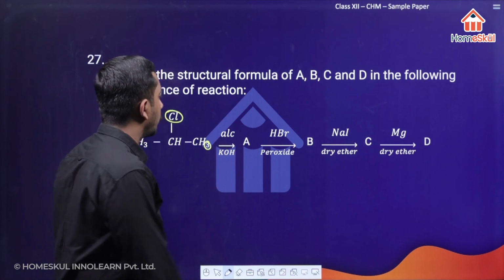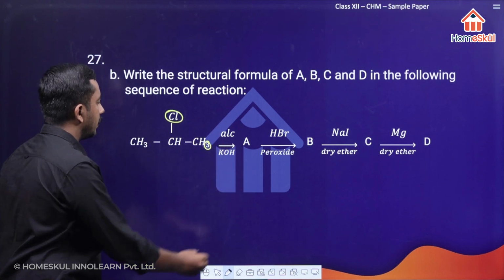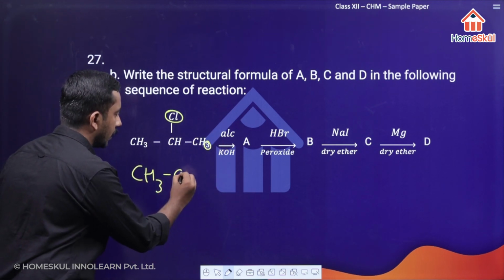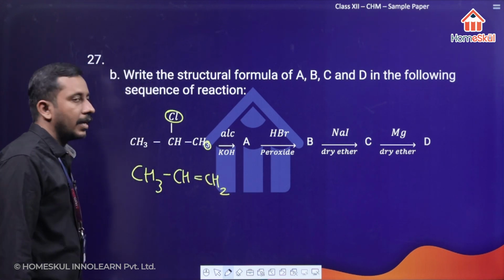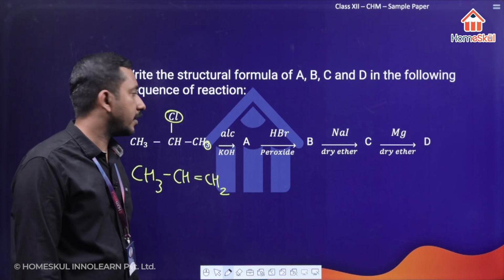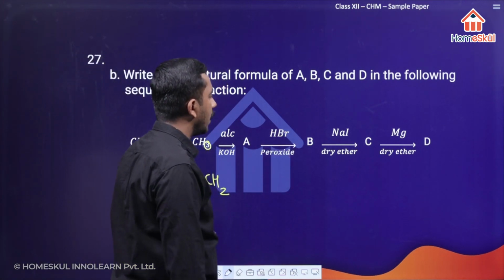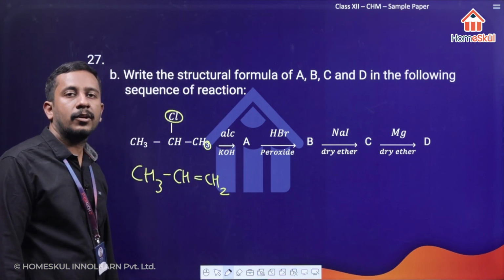In the first reaction, the product A will be obtained after the elimination of an HCl molecule. So our product will be CH3, CH double bond CH2. That means propene is the product obtained in the first step. The next reaction is with HBr in the presence of peroxide. That means we are going to obtain an anti-Markovnikov product.